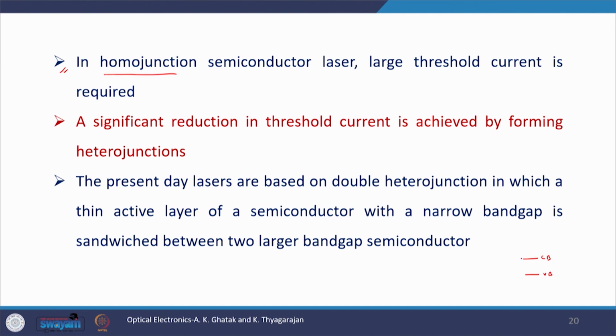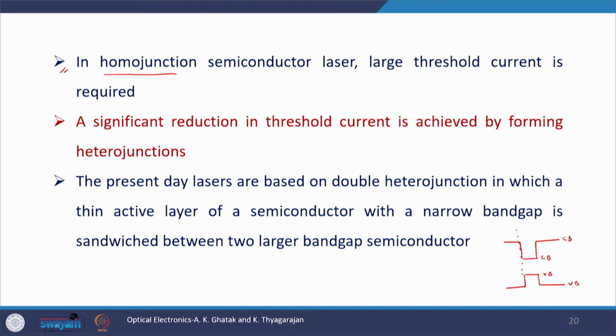Now, in case of a double heterostructure laser, we will have the conduction and valence band of the other semiconductor which is sandwiching this thin layer. Let me explain it. This is again the conduction band edge and this is the valence band edge.